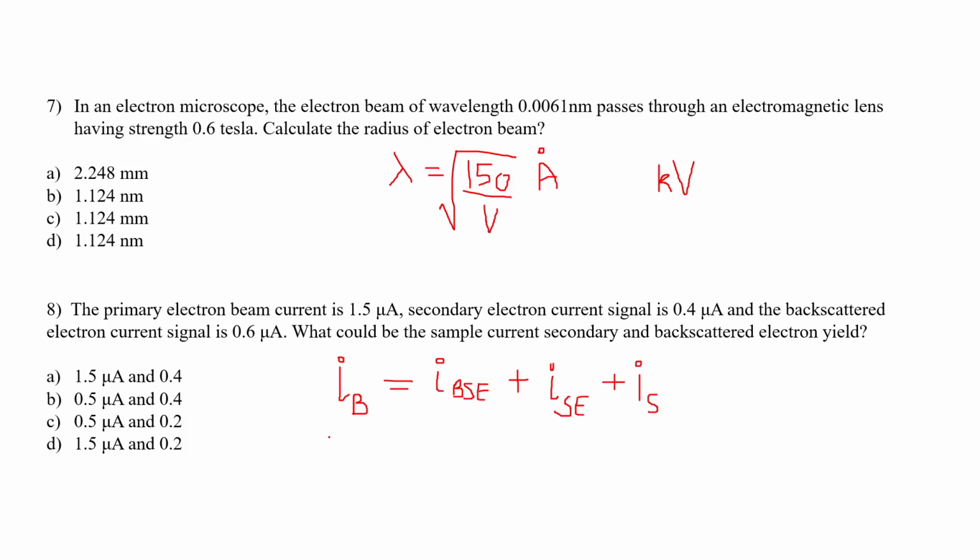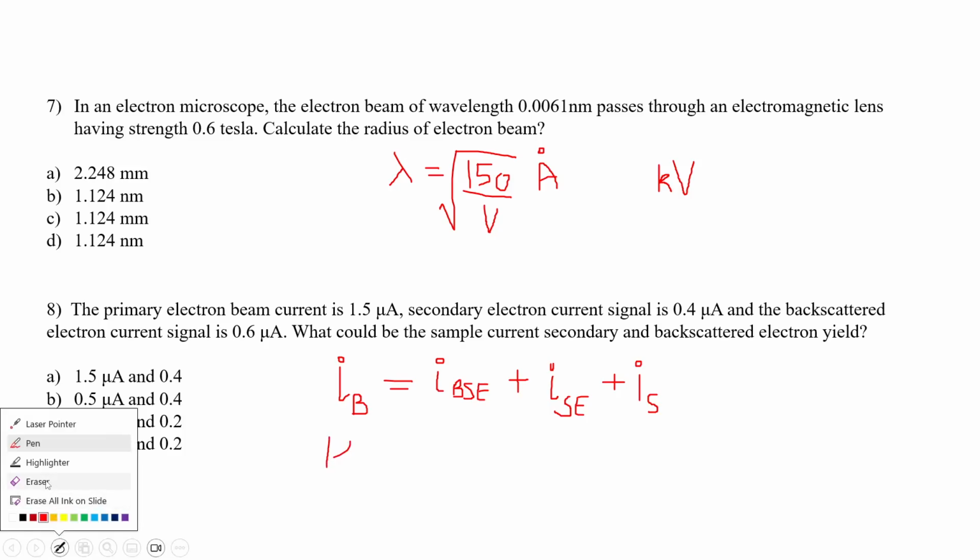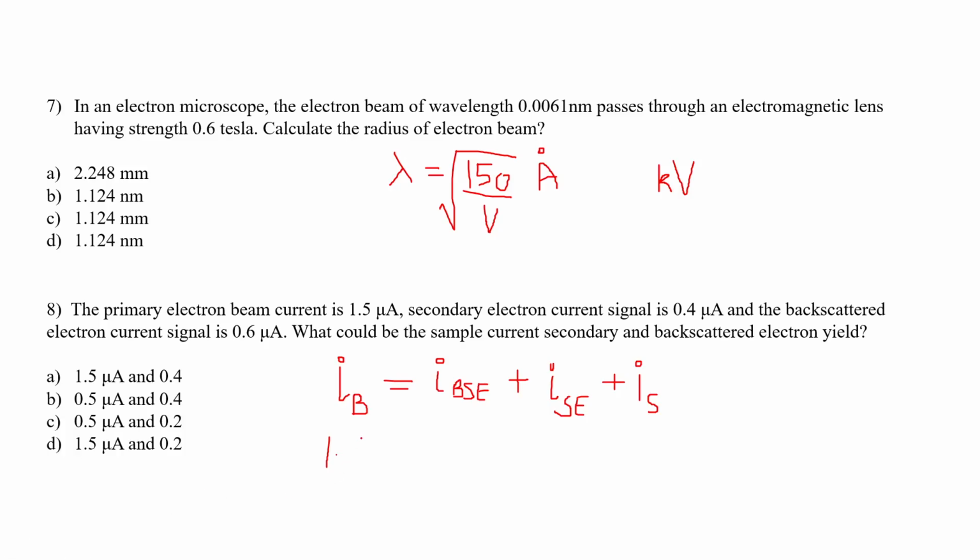So your beam current is 1.5. And your backscattered electron current is given as 0.6, and your secondary electron current is given as 0.4.